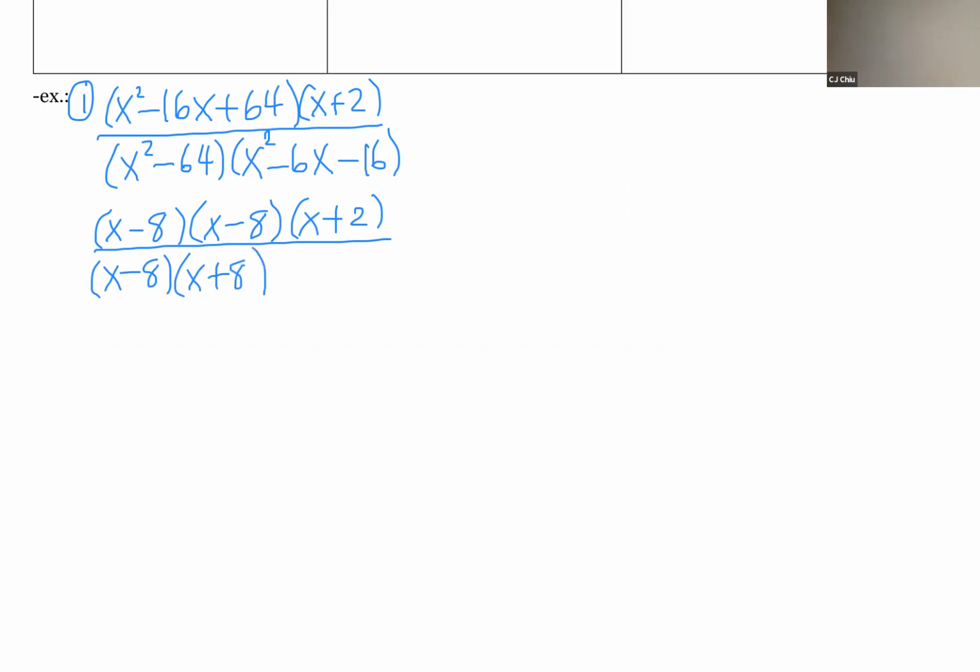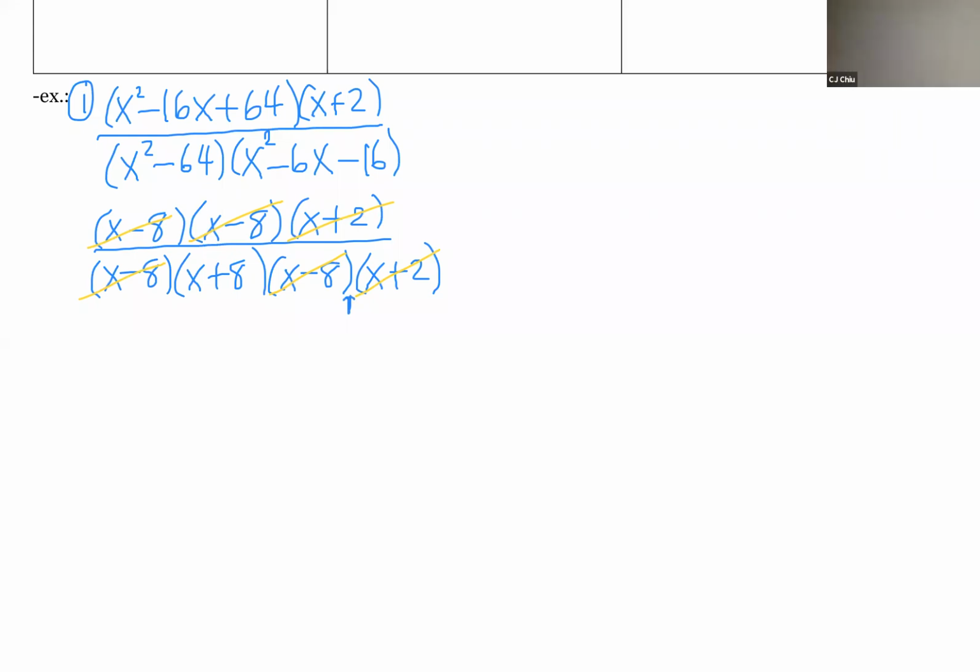And then x squared minus 6x minus 16 with the big X is x minus 8, x plus 2. Okay. So this one's nice because now you can cancel. So the x minus 8s go away, the other x minus 8s go away, and the x plus 2s go away. Okay. And we can cancel these because the operation in between the parentheses is multiplication.